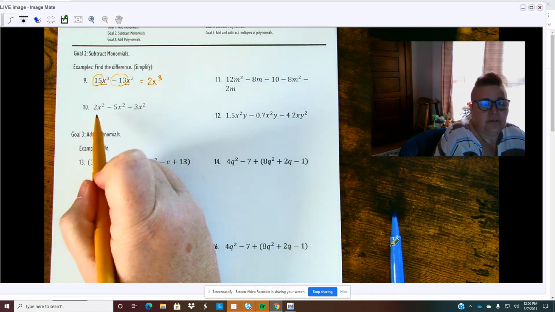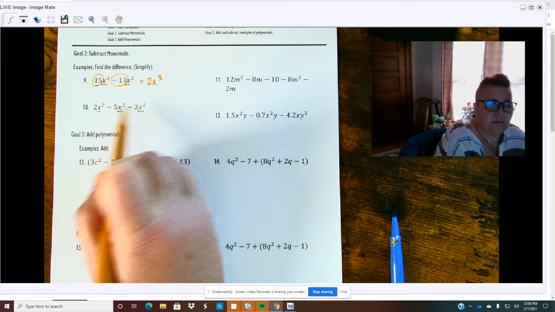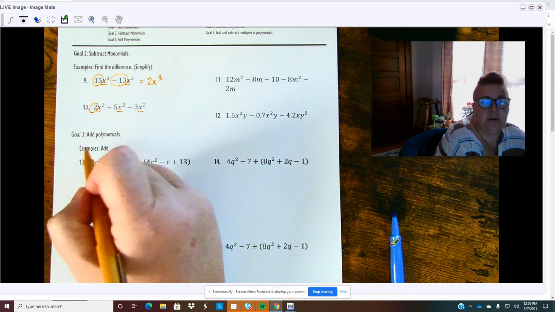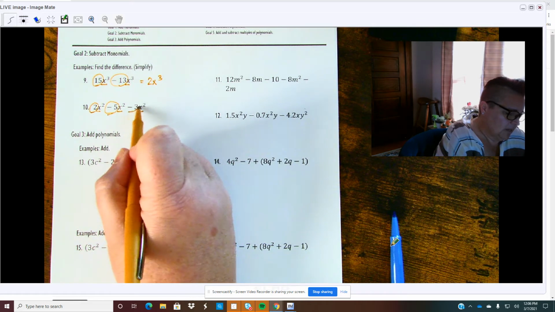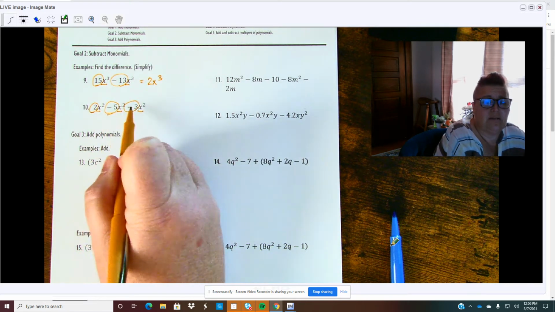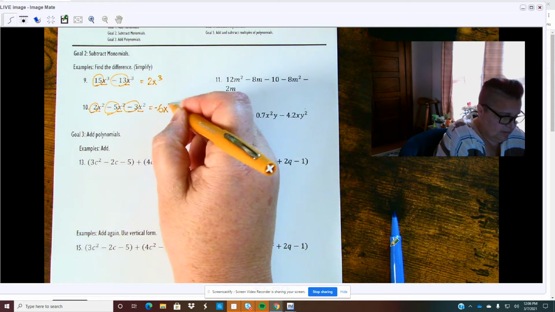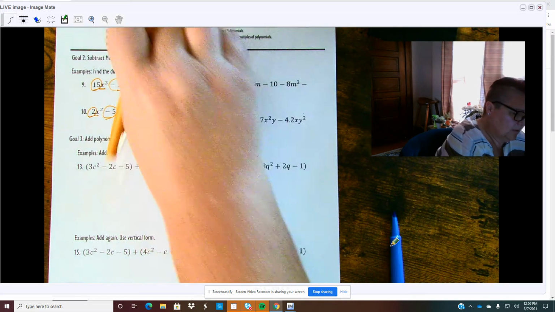If I have 2x squared minus 5x squared minus 3x squared, they are all x squareds, so I can just pay attention to the coefficients. 2 minus 5 minus 3 would get me a, let's see, 2 minus 5 is negative 3, minus 3 more is a negative 6x squared.